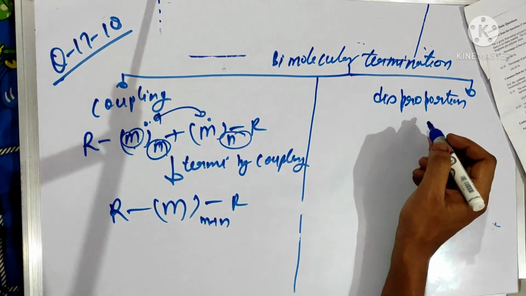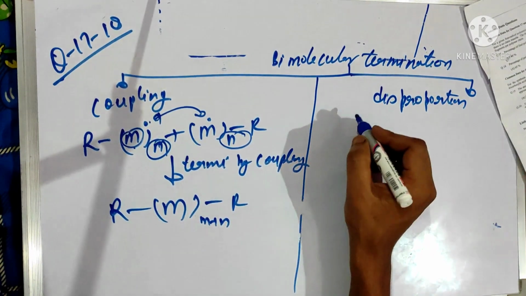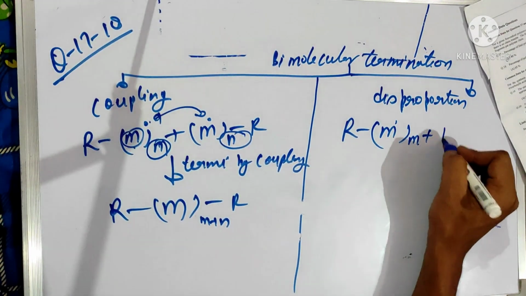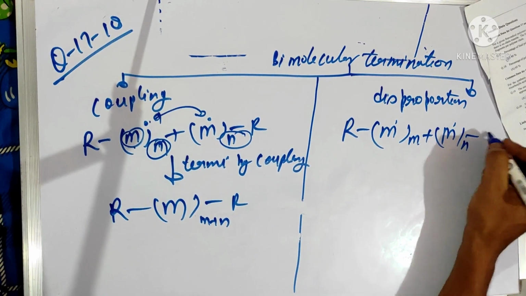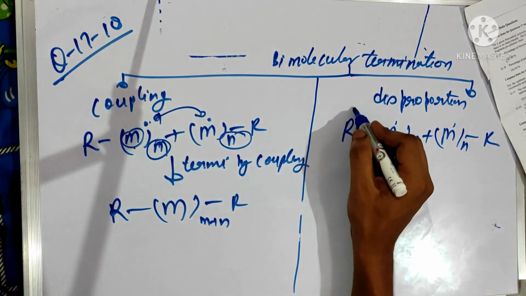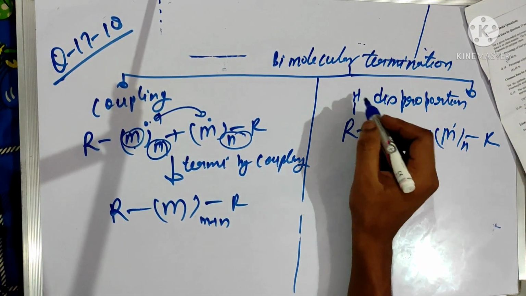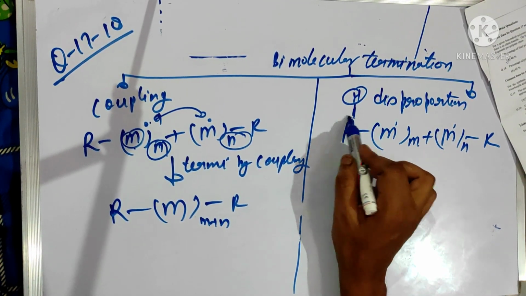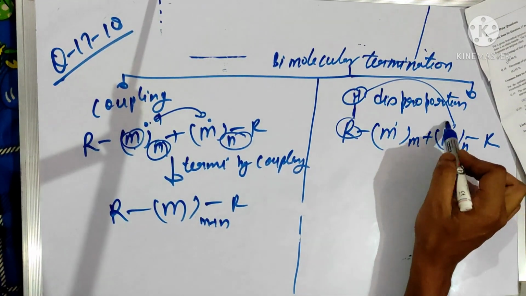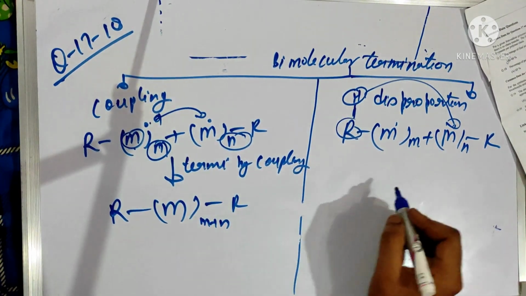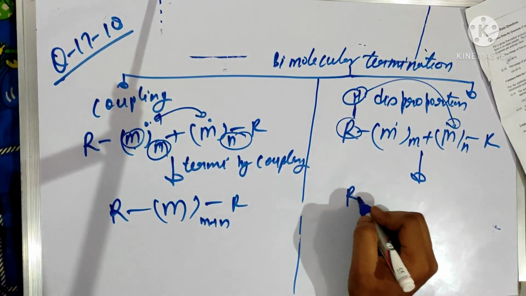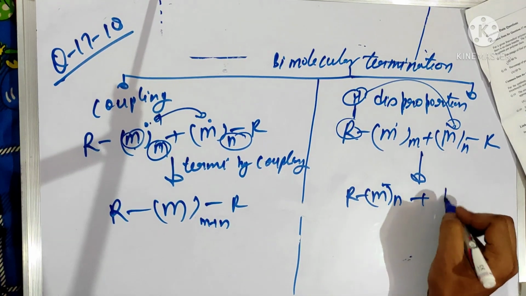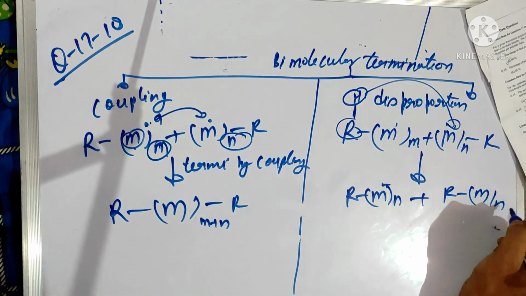But in the case of termination done by disproportionation, with the active monomer, hydrogen atom transfer takes place. In this method, the hydrogen atom of this place is transferred to the other and forms the dead polymer, RM plus RMn.